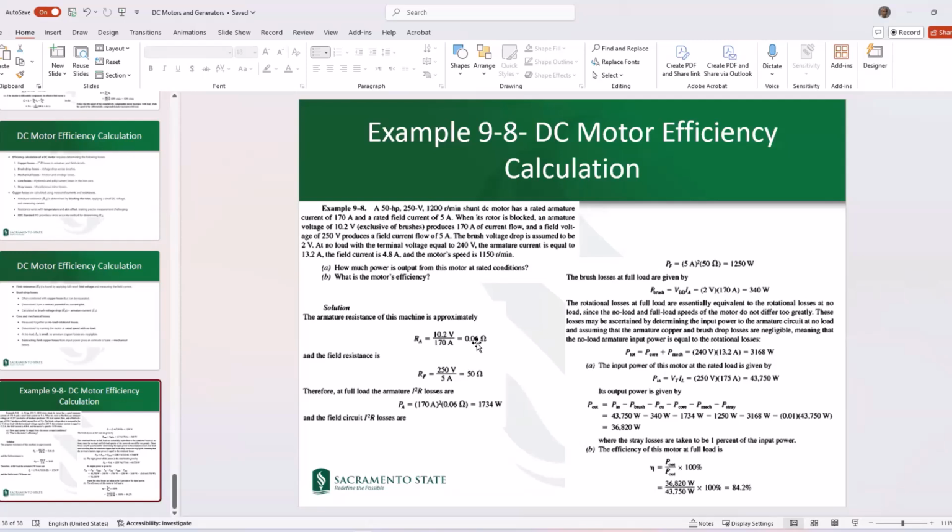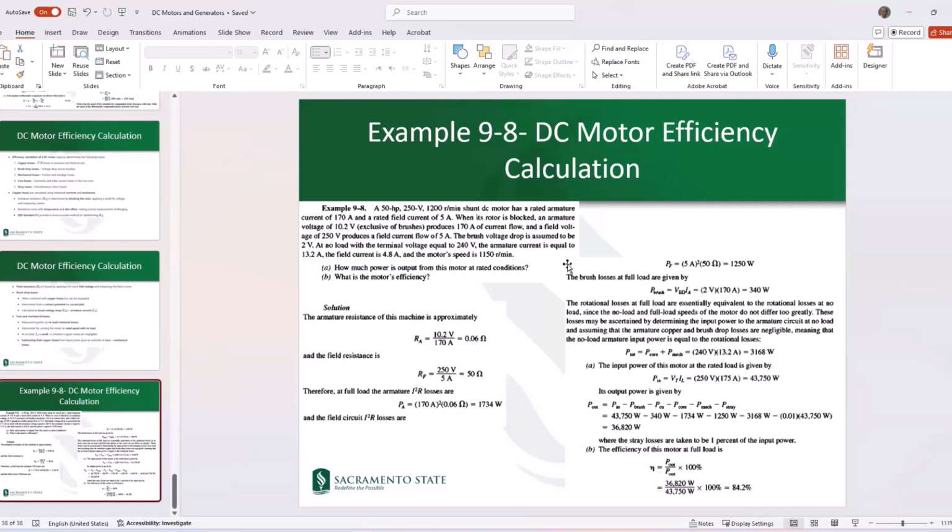This gives us an approximation for RA, the resistance of the armature circuit, which is found to be 0.06 ohms. The second experiment was that we applied a field voltage of 250 volts and measured a field current of 5 amps, which gives us the approximation for RF, the field resistance, at 250 over 5 equal to 50 ohms.